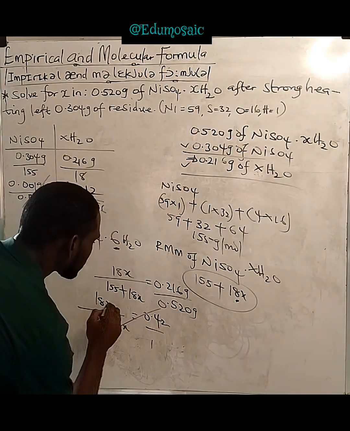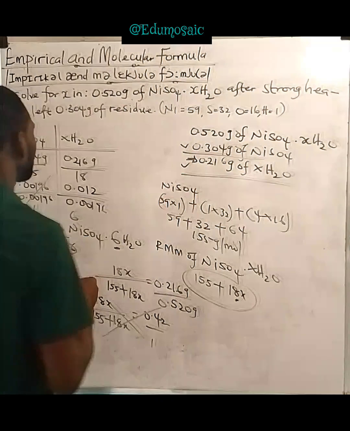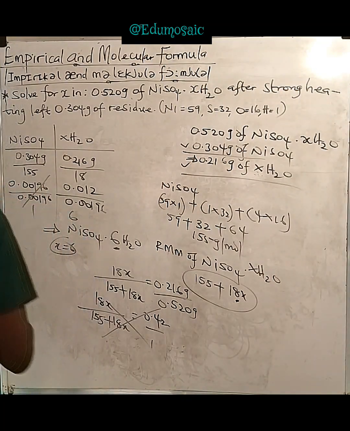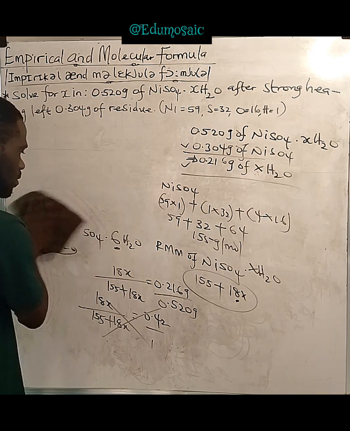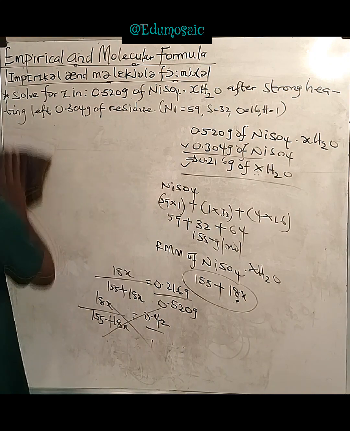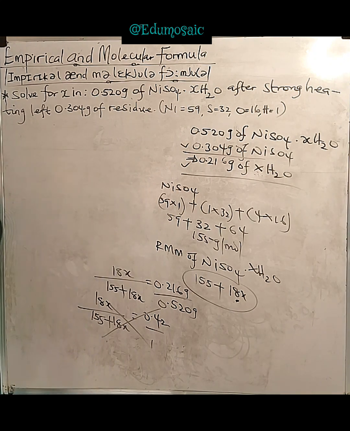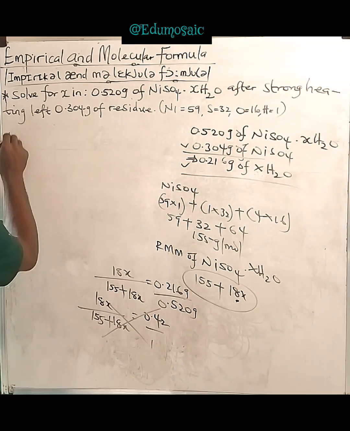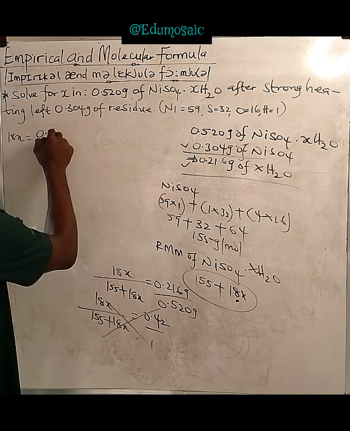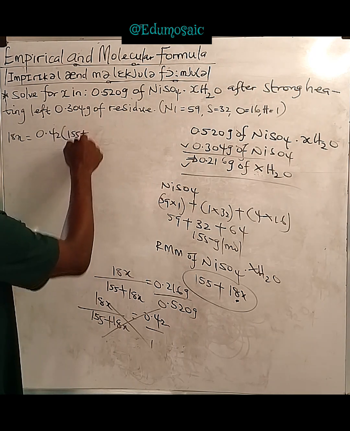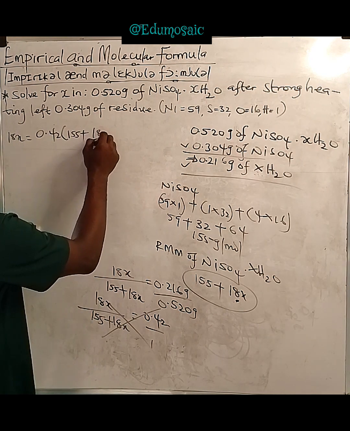So from here we cross multiply. We're going to have 18x times 1, which is 18x, equals 0.42 times 155 plus 18x in brackets.